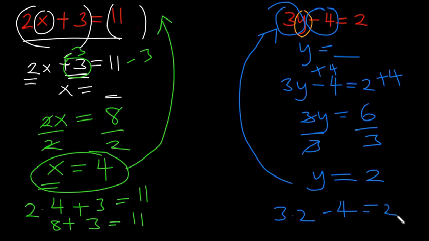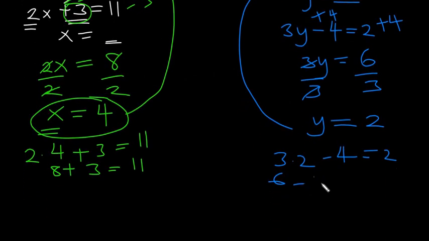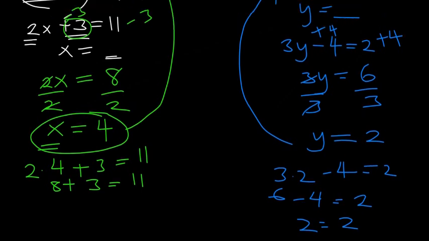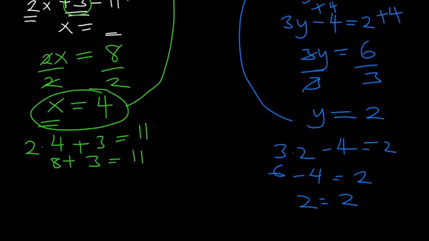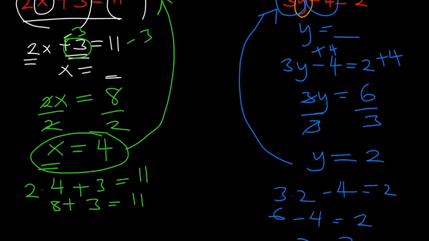Let's check whether the left hand side is going to be 2. We have 3 times 2, which is 6. 6 minus 4 is equal to 2. You can see the left hand side is equal to the right hand side. So the value of y is actually 2.